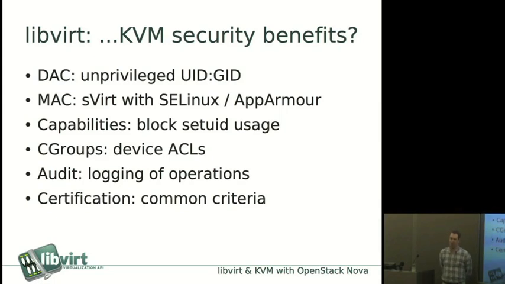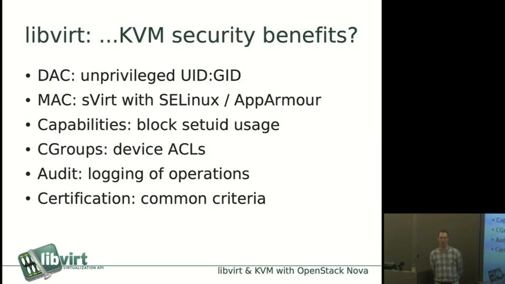So if for some reason there's a flaw in QEMU and the guest OS manages to compromise QEMU, it's still confined, so it can only access the resources which were assigned to that one VM. That's pretty important.